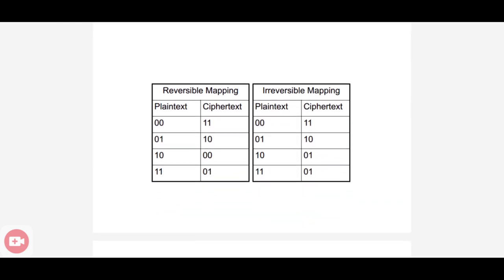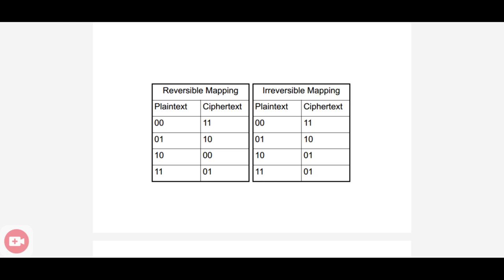There are reversible mappings as well as irreversible mappings. Irreversible mapping means there is no decryption procedure, but in reversible mapping there is a decryption procedure, meaning each plain text block has a unique ciphertext. In the first figure, there is a one-to-one relationship between plain text and ciphertext.